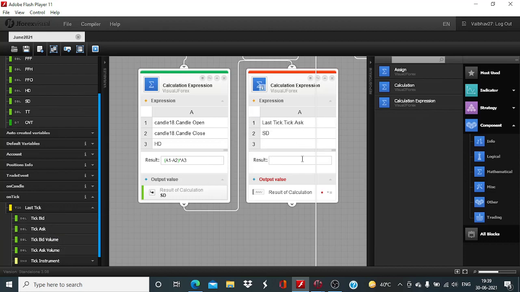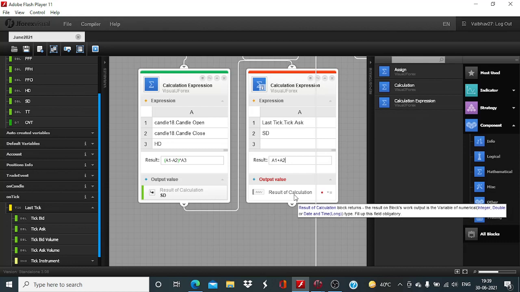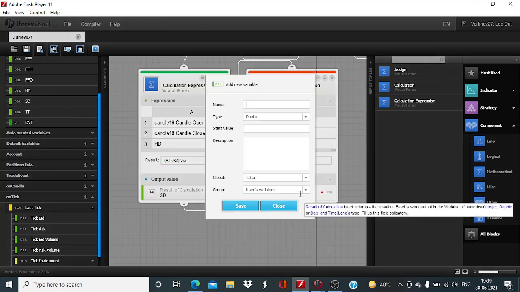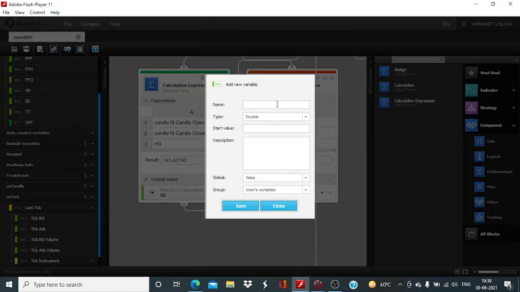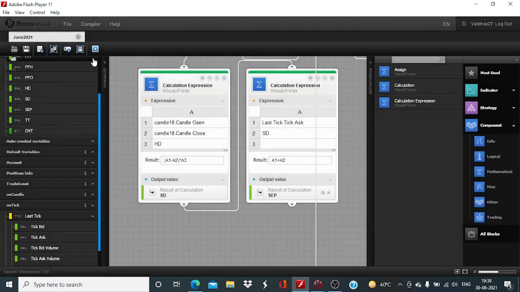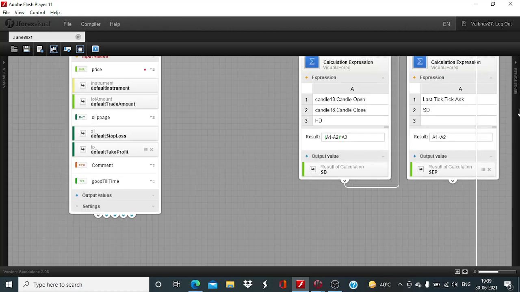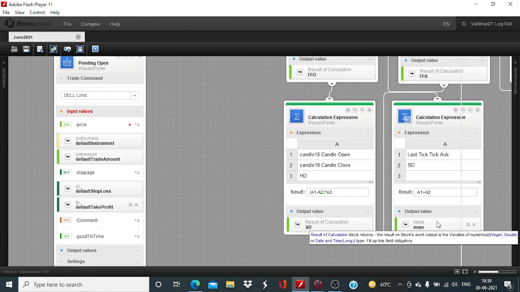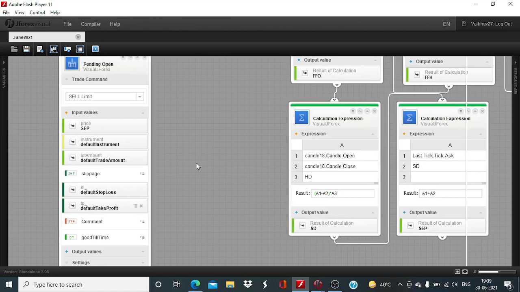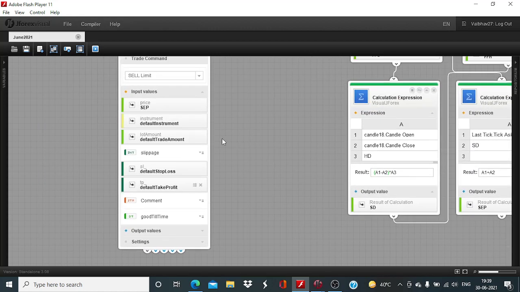So it is going to be A1 plus A2. This is going to be the sale execution price. Alright. So here is this variable now defined.